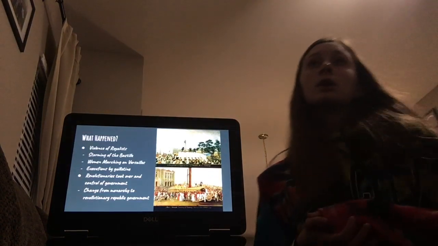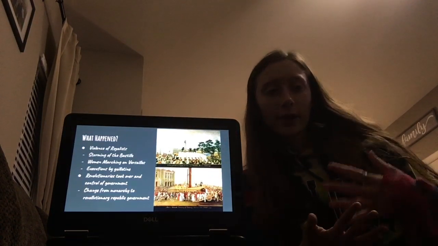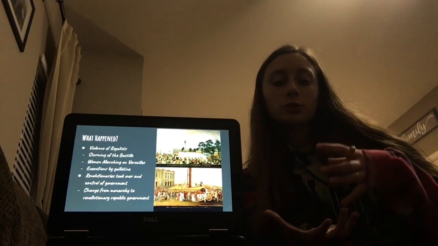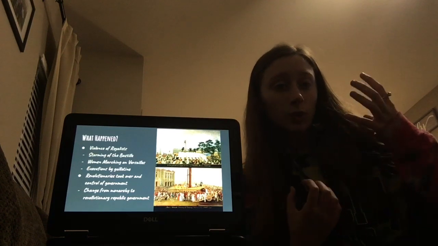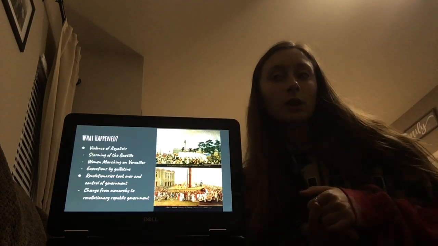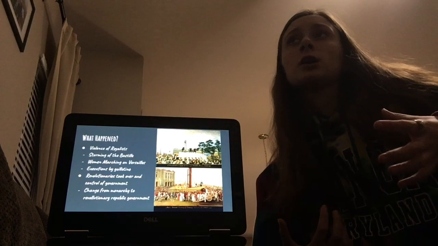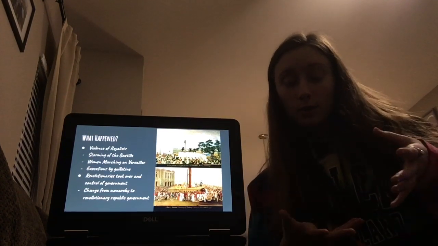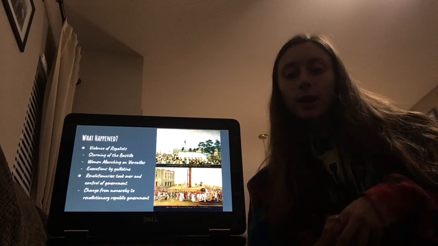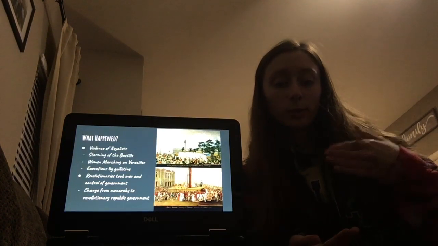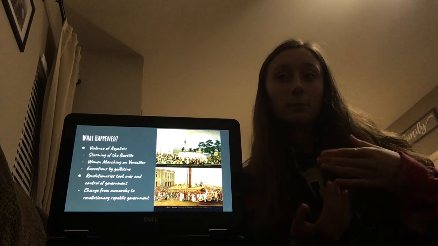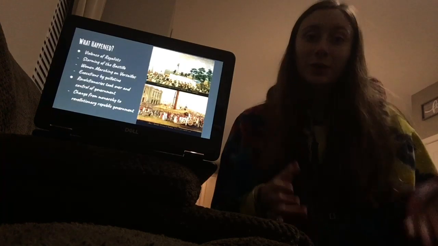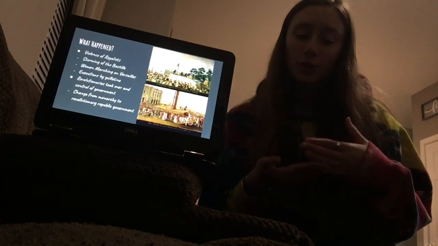So what happened? During the French Revolution, there was a lot of violence, mostly directed toward the royalists, because the revolutionaries were taking control over the royalists. In the beginning, there was the storming of the Bastille by the commoners, who are the revolutionaries. They took over a prison to gather more people, and they also got gunpowder, which helped their weapons to fight against the royalists. There was also the Women's March on Versailles.